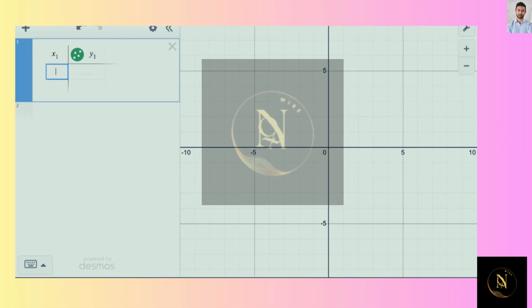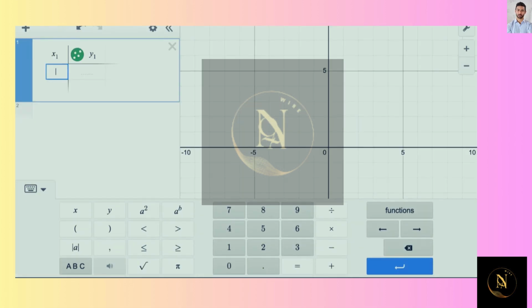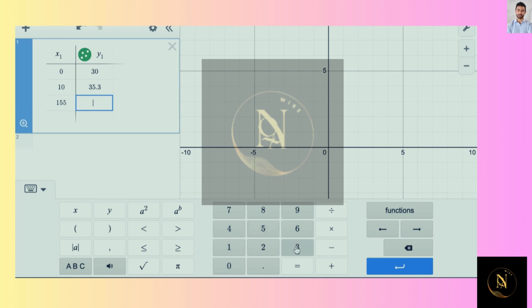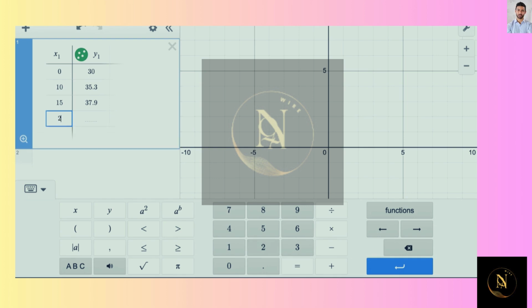And so we'll say 0, 30, 1035.3, 1537.9, 2037.2, and 2006 is 36 years from 1970, and that's 41.5.